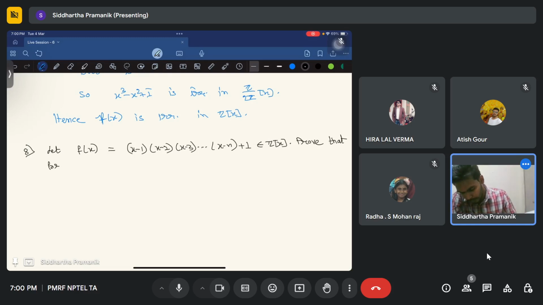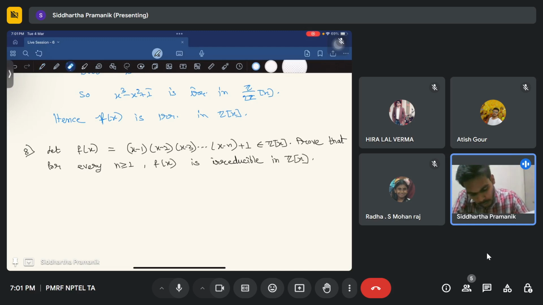for every positive integer n, the polynomial f(x) is irreducible in Z[x]. So whatever positive integer you take, this polynomial will remain irreducible in Z[x].